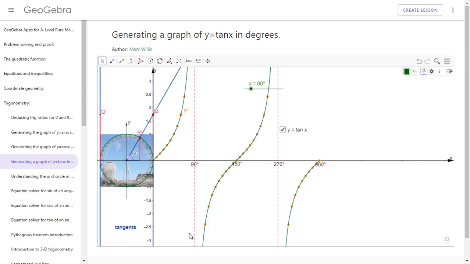These dashed lines where we don't have any values, so at 90 degrees because it's vertical, that doesn't intersect the tangent at all. So here you can see where they cross at the point Q. At 90 degrees, they then don't intersect, so we don't get a solution at 90. And we also don't get a solution at 270. So on our graph, this dashed line is called an asymptote, which I think we talked about before when we studied graphs earlier in the year.